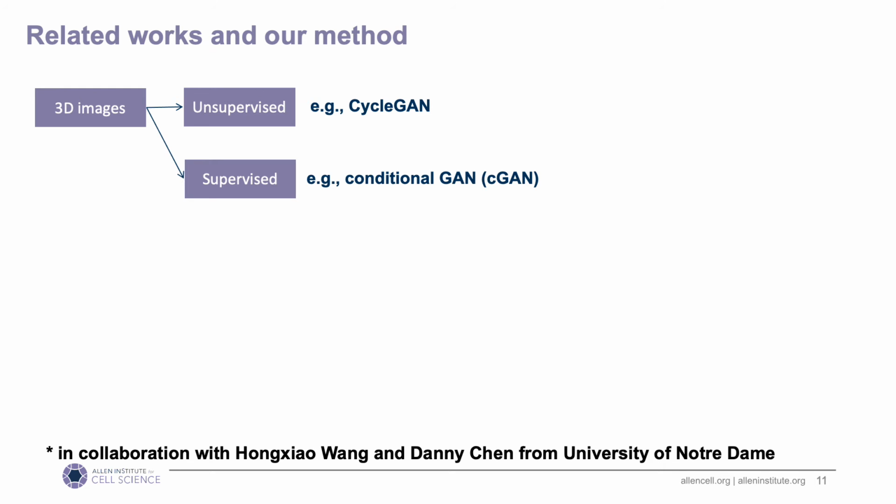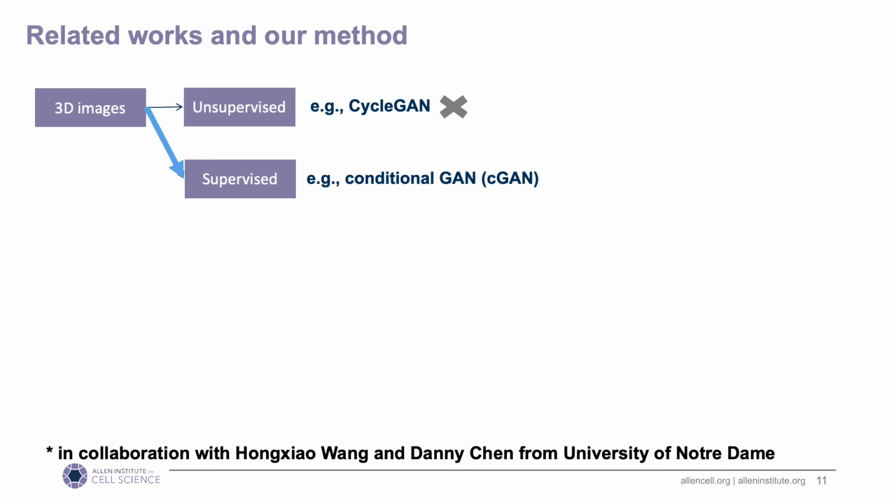Okay, now back to our method. How did we do that? There are many existing papers and open source packages for similar purposes. First of all, we are dealing with 3D images and we cannot directly try out those packages for 2D. Then, there are two big directions, unsupervised like CycleGAN or supervised like conditional GAN. A recent study in machine learning found that CycleGAN-type models can cause unexpected transformations, so we choose to explore supervised models.